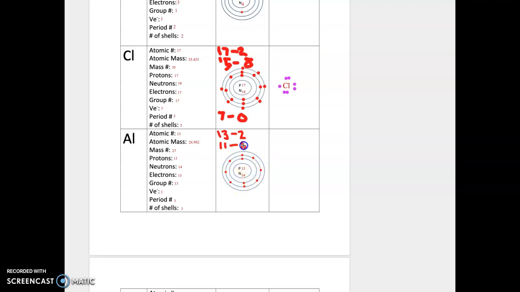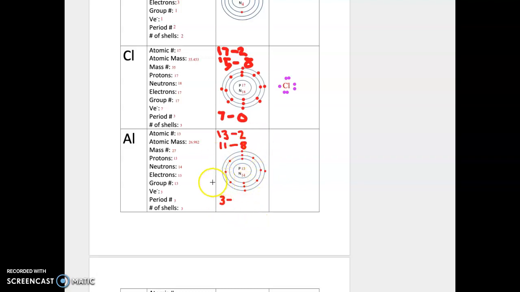We put 8 in our second row, which means that we started at 13, we've put 2, we've put 8, so we still have 3 electrons left over. And we know that we can fit 3 in our last shell. So we put 1, 2, 3.